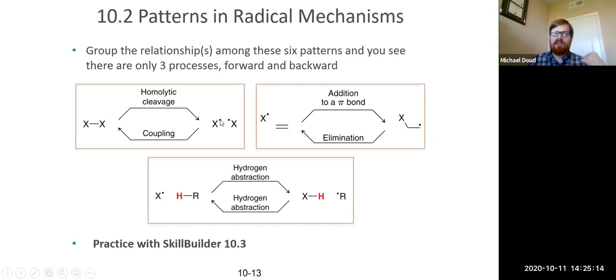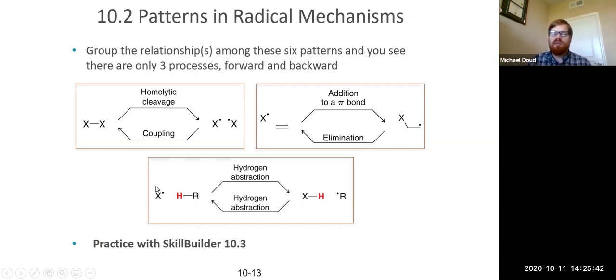So homolytic cleavage is where you go from the sigma bond to the two radicals. Coupling then takes those two radicals and reforms the sigma bond. You can take a radical and a pi bond. You do get the addition to a pi bond that gets you this radical here. But then you can also do the elimination. The elimination process just takes you back to the pi bond with a radical. And then finally, you have hydrogen or halogen abstraction. Basically, this is its own kind of forward and backward pattern.